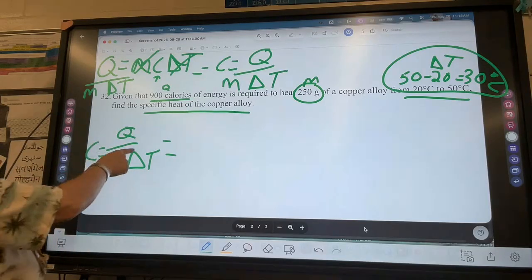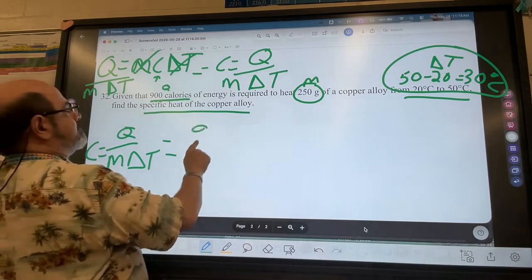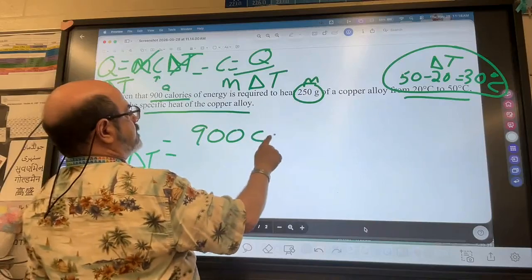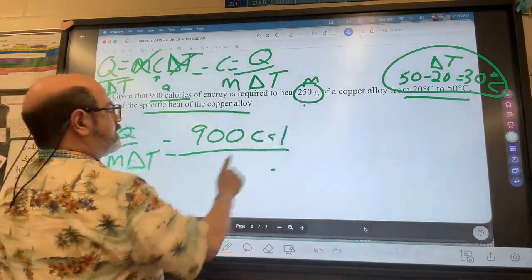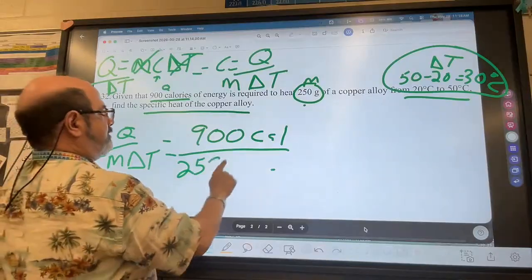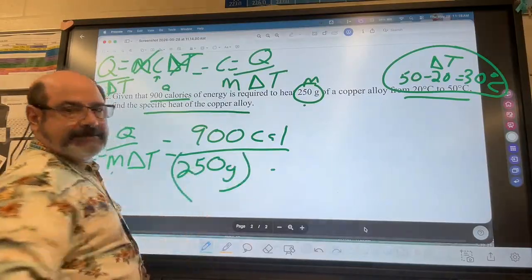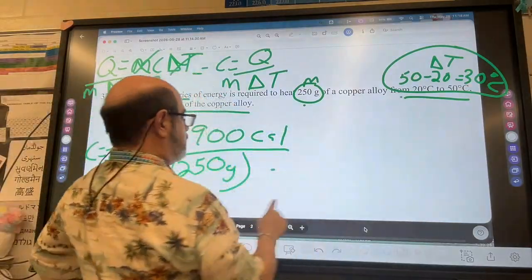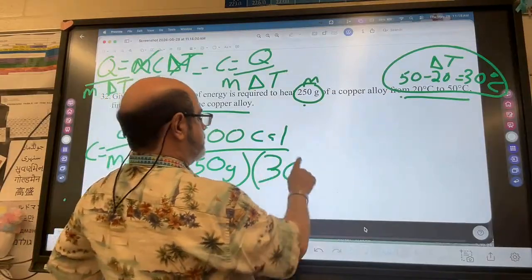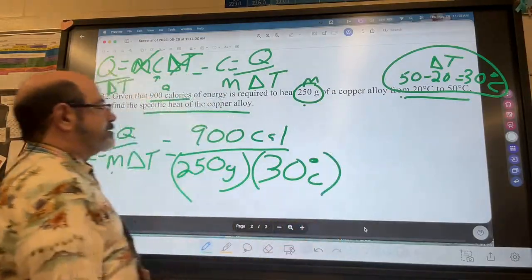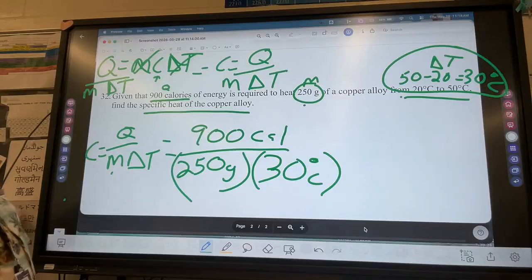And here we have all of our letters. Here's Q, 900 calories. M, there it is, 250 grams. Here's our delta T right there. So delta T is 30 degrees C. So now we take our little buttons and push the buttons in our calculator.